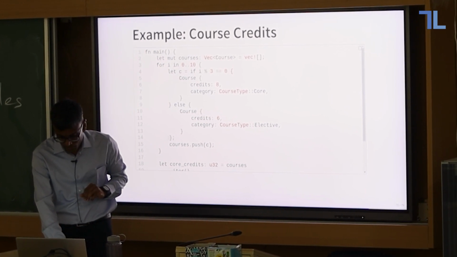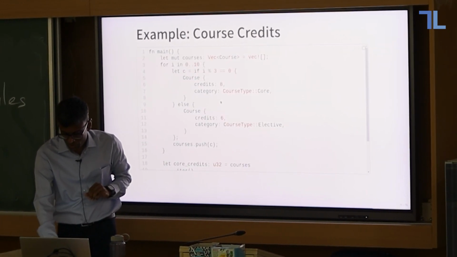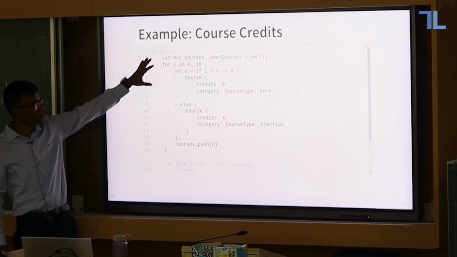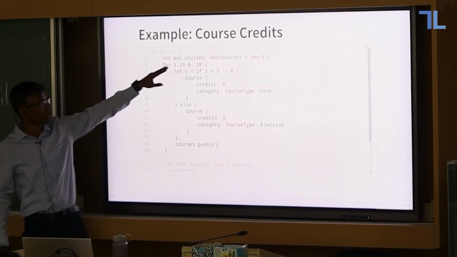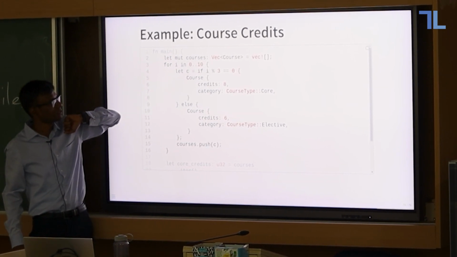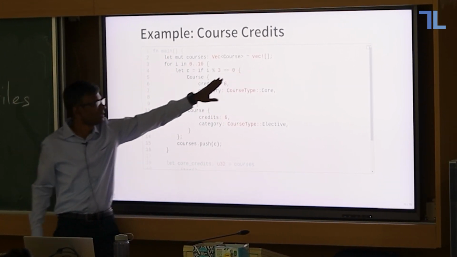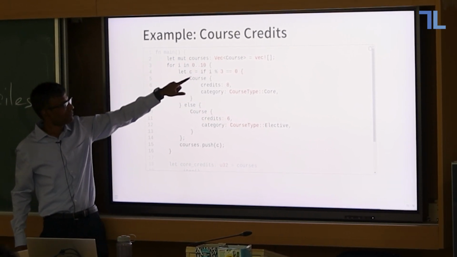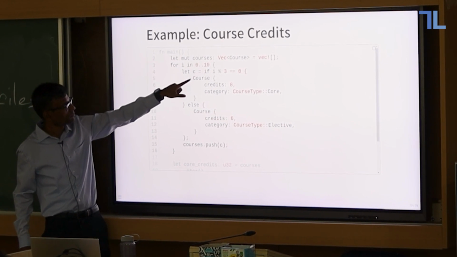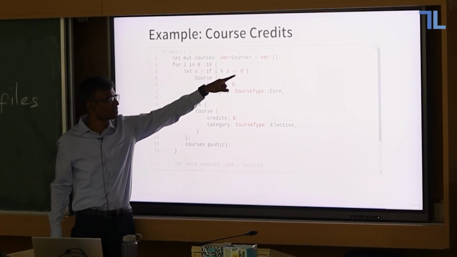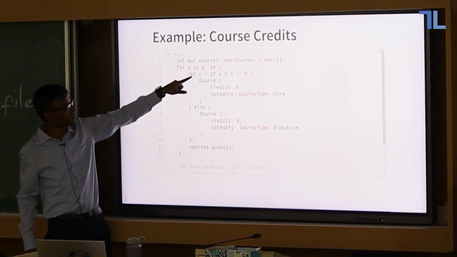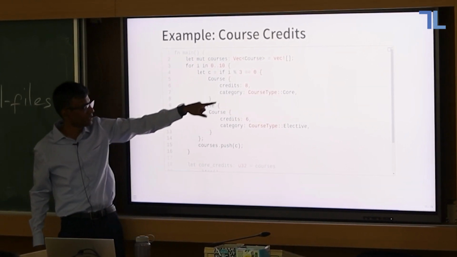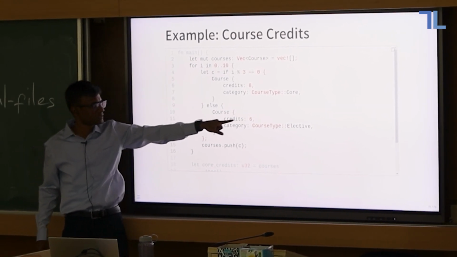But here is another solution using iterators. The first part is that I just populated some 10 courses. I have a mutable vector which is initially empty. Then I'm running i from 0 to 10, and if i percent 3 is 0, that is, if i is a multiple of 3, then I'm populating c as a core course with 8 credits, otherwise it's an elective course with 6 credits.